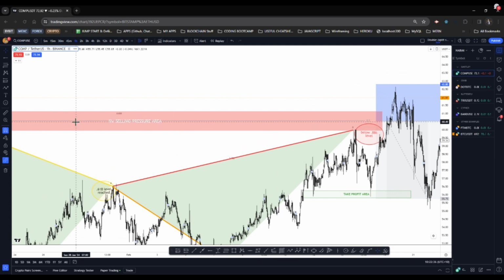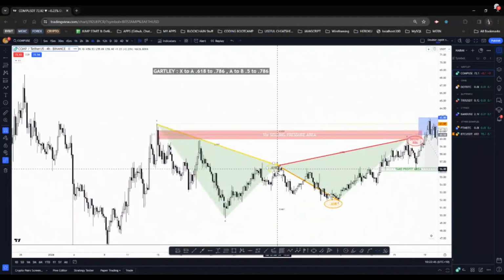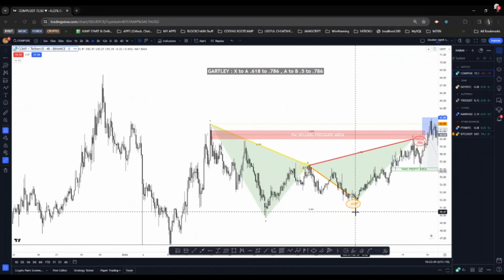So the Garley, to make it not too long to read, TLDR, what is a Garley? A Garley is a failed bat. Okay, so it's a bat that goes up to the 618 instead of the 0.5 and still has that C and D, which are within this range. So this is kind of like the market leg, you can call it.